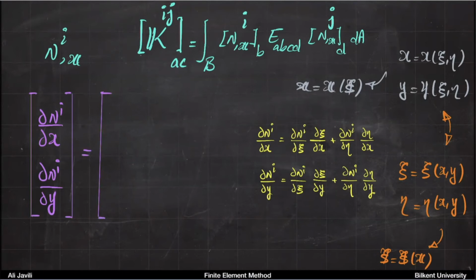Now, what we want to do is to collect these similar coefficients into the same matrix. So basically, if I do that, I would have something which looks like derivative of ξ with respect to x, derivative of η with respect to x, derivative of ξ with respect to y, derivative of η with respect to y.